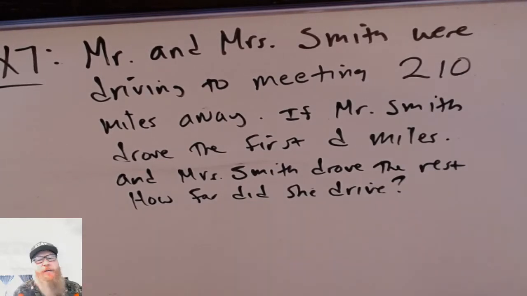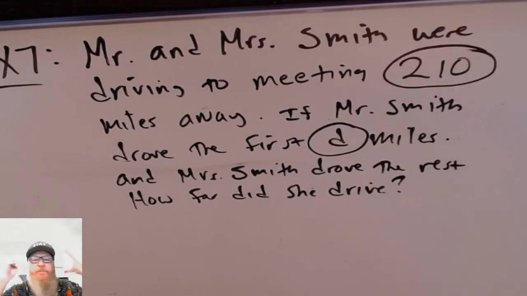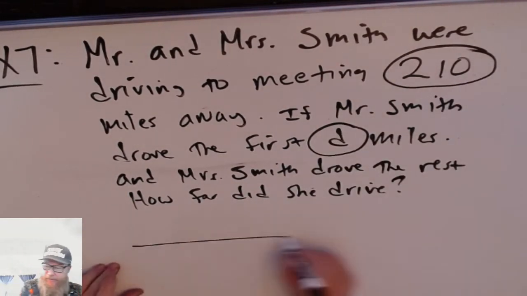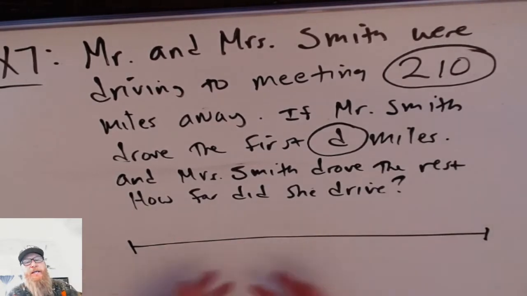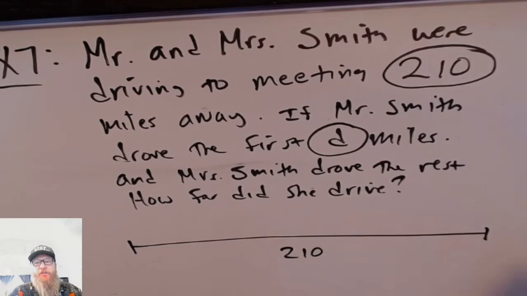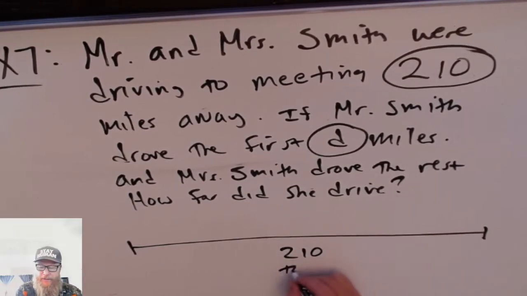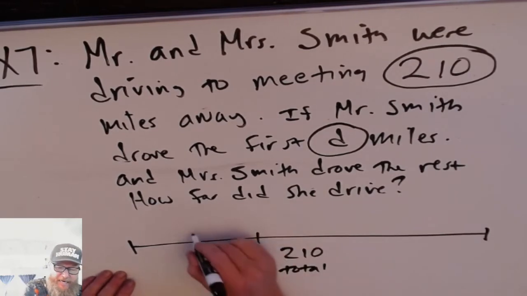So you could just write down the answer if you already know it. You got D miles, you got 210. You could just mental math it and see. But sometimes when the problems start to involve physical quantities and things that we can draw out, well, 210 miles is the total trip. That's the total. All right. Mr. Smith drove D miles.